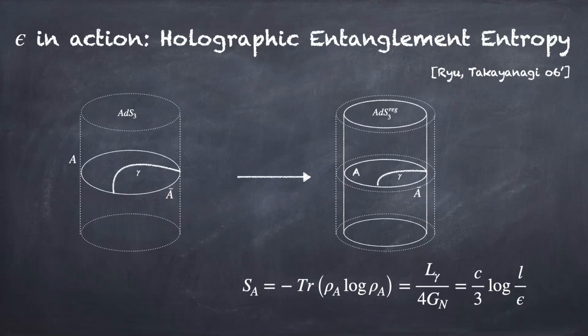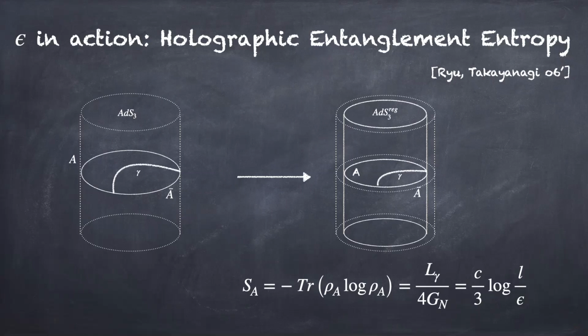What we do in the bulk is consider a geodesic, which is a minimal surface, of codimension 2, anchored on the entangling surface, which is the union of the 2 points that demarcate the region A. In order for this length, which would otherwise be the area of this codimension surface in higher dimensions, to be finite, one would have to consider a surface arbitrarily close to the asymptotic boundary, because otherwise the geodesic would naively have infinite length.